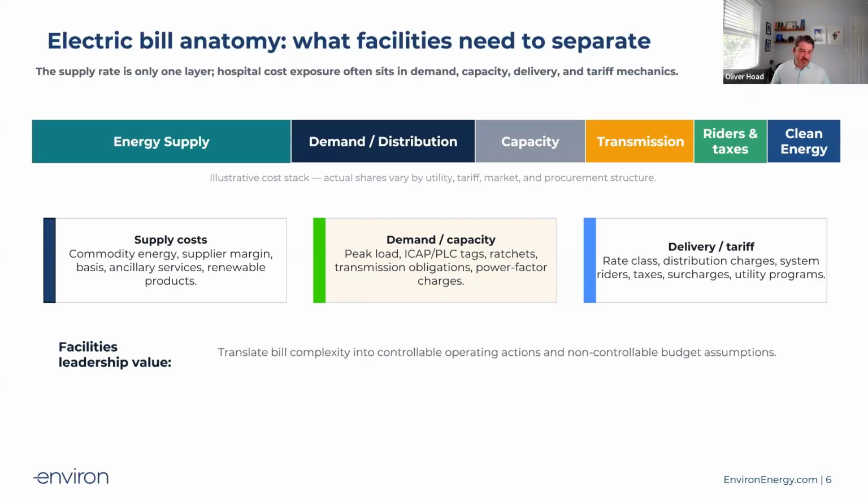Delivery and tariff changes can always and should always be evaluated, probably on a biannual, at the very least, basis to ensure that the appropriate rate structures are always in place.